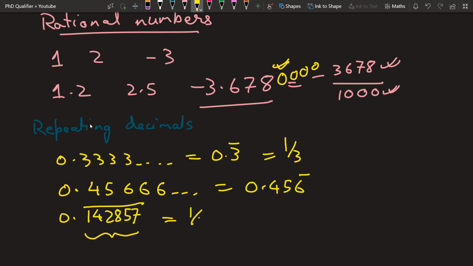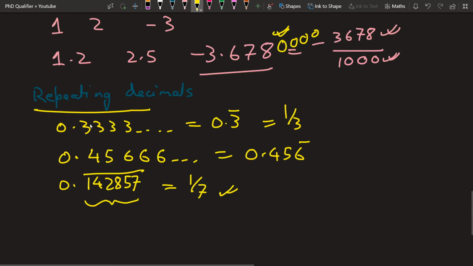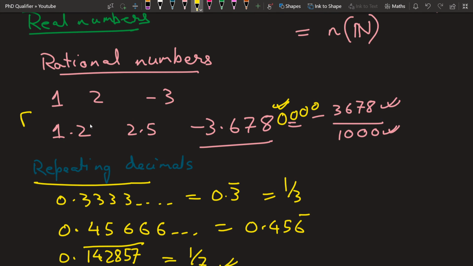So this is 1 by 7, and this is still a repeating decimal. This is a rational number. So repeating decimals and finite decimals fall under the category of rational numbers.